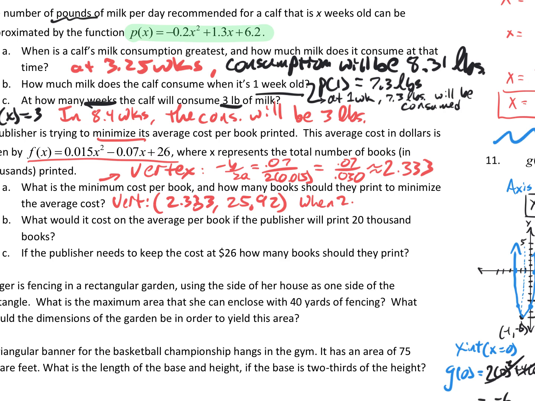So we can move the decimal point 3 places. Thousands is 3 decimal places.